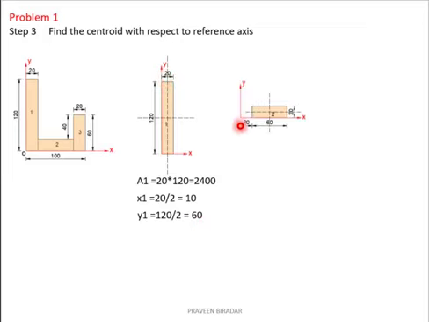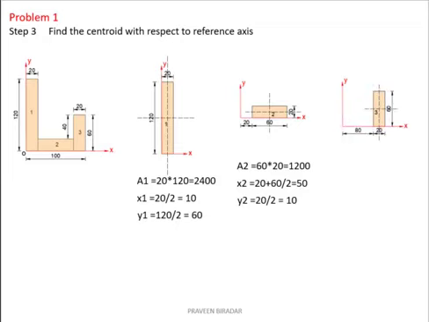Similarly for the second area, A2 is 60 into 20, x2 from the y-axis to the individual centroid is 20 plus 60 by 2, that is 50, and y2 from the base is 10. Similarly, third figure, A3 is 20 into 60, x3 is 80 plus 20 by 2, that is 90, and y3 is 60 by 2, 30.